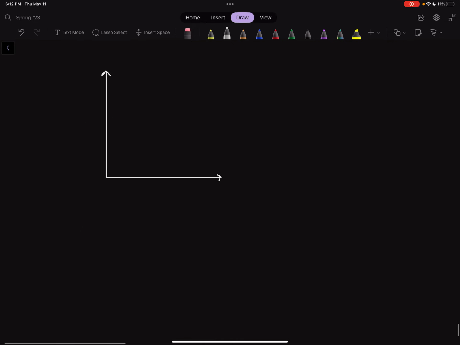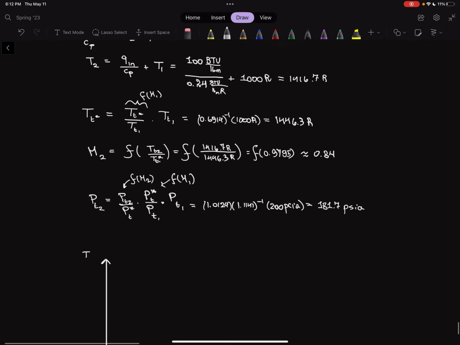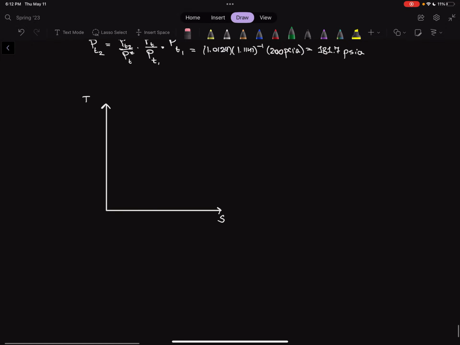I know the entropy goes up, so we're going to the right. The static temperature we haven't looked at, but I know it's going to have this shape, so I'm going to kind of cheat, and then I'm going to have to understand better what's going on.